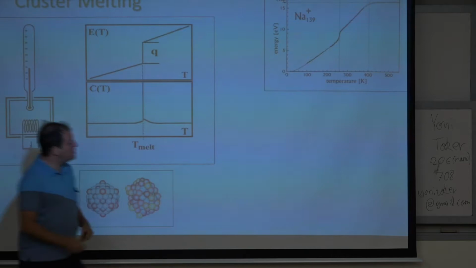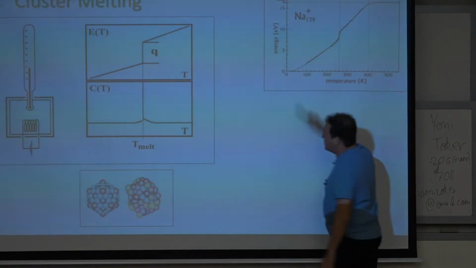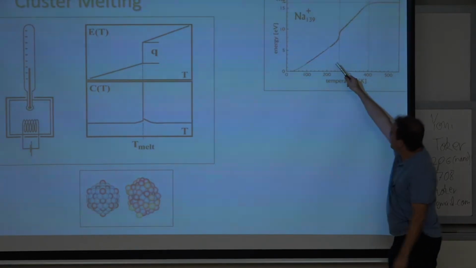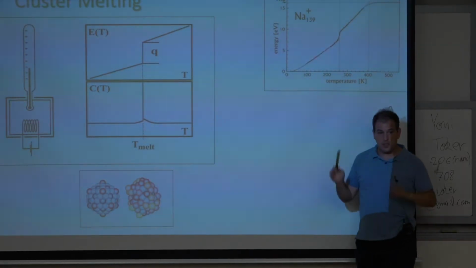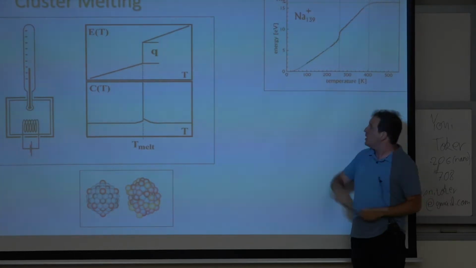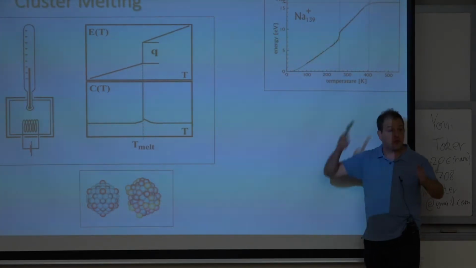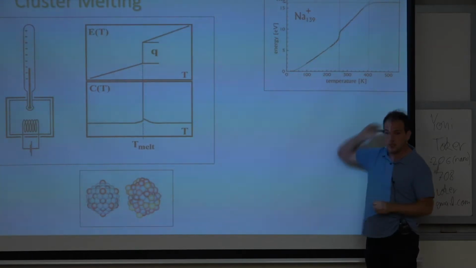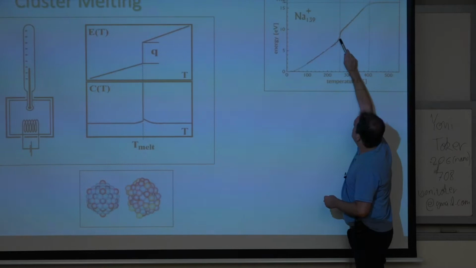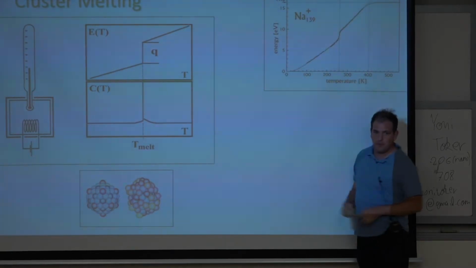But here's the measurement, and they do the same kind of measurement as here, but for a cluster that contains 139 atoms. So it's a lot less than infinity. And they see this very nicely. So it's not a first order phase transition, but still it's a nice transition. Here it's solid, then there is a jump, and here it becomes liquid.